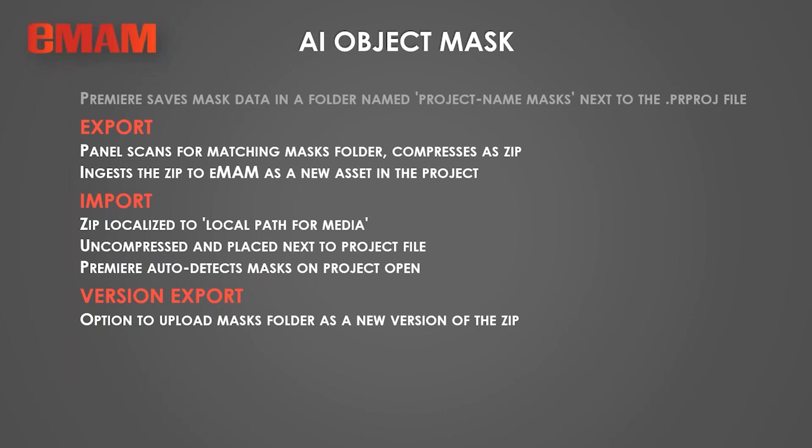During import, the mask package is downloaded, restored to the correct location, and Premiere automatically reconnects everything when the project opens. We have also added support for version exports, allowing updated masks to be uploaded as a new version into EMAM. With these changes, Premiere AI masking workflows now travel with the project instead of remaining dependent on local storage.